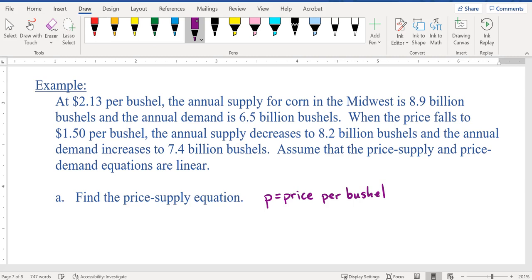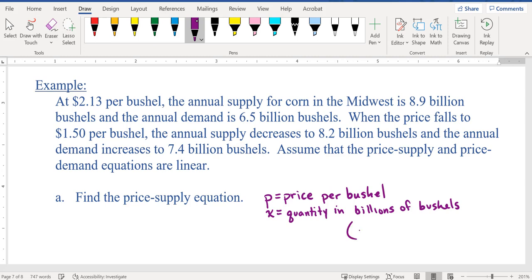And we're going to let x be the quantity in billions of bushels. Okay, so I'm going to tell you we need to go get some points because it says to assume that the price supply equation is linear.